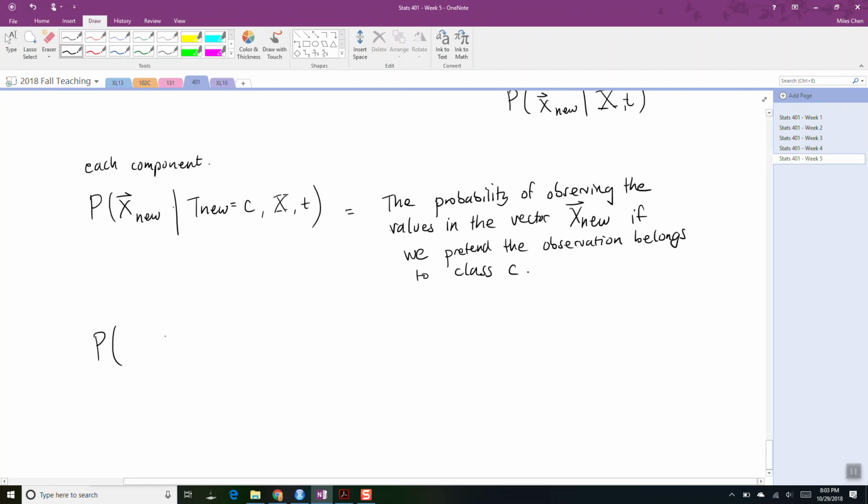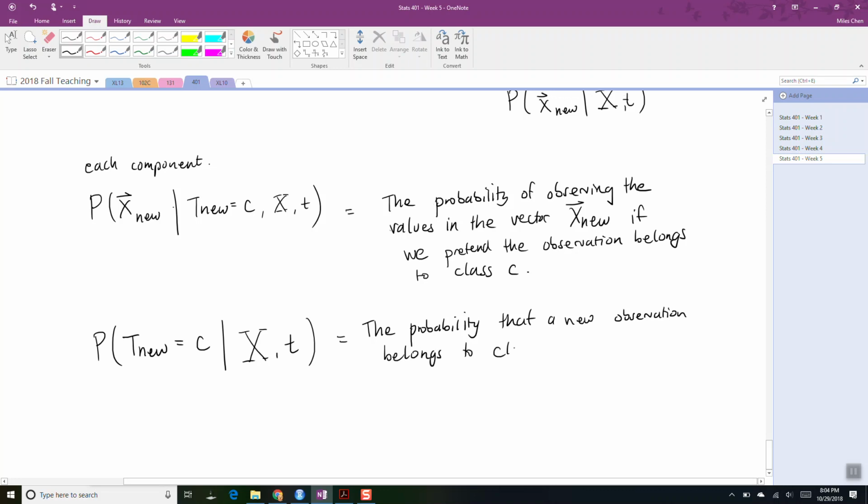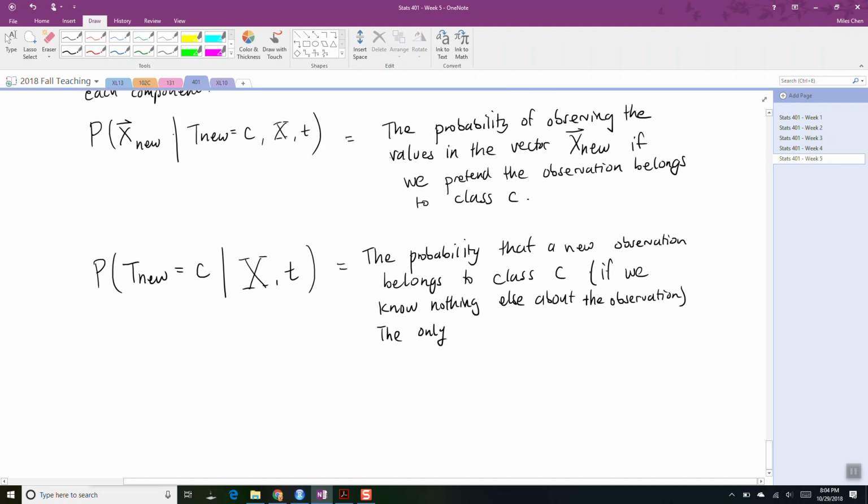So we want to know, without looking at anything else about the thing, just looking at the training data only, the probability that a new observation belongs to class C if we know nothing else about it, and the only thing we do know are the values we have in our training data.